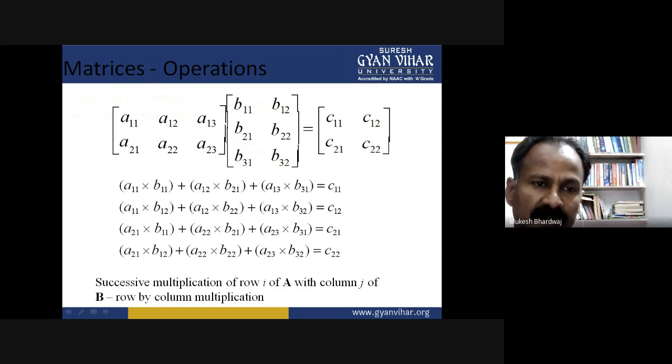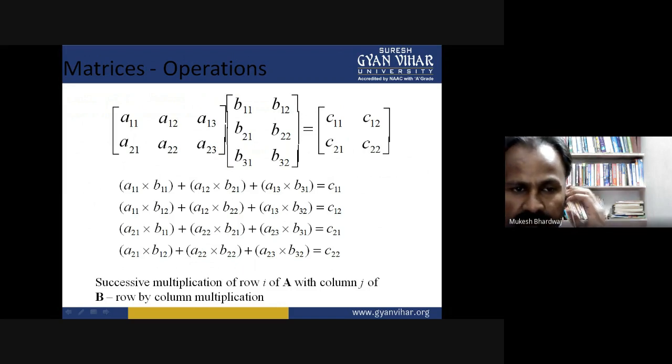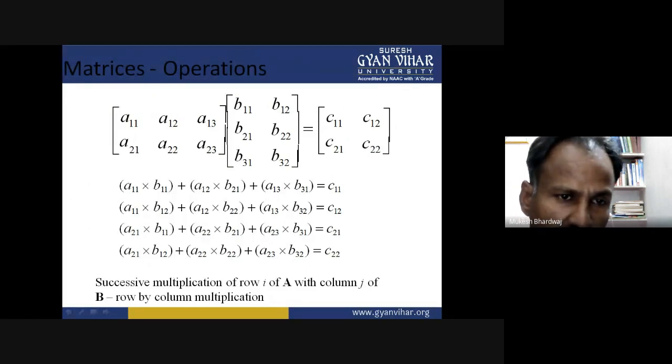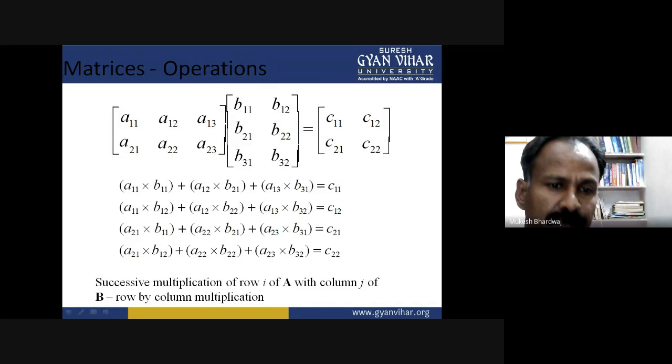Similarly, A11 with B12 plus A12 with B22 plus A13 into B32, and we denote it as C12. Now come to the second row, A21 into B11 plus A22 into B21 plus A23 into B31 is denoted as C21.